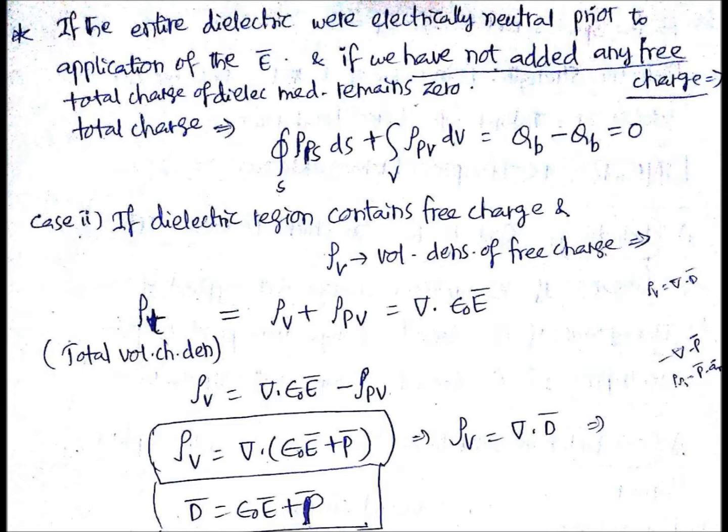Then in the second case, consider a dielectric region which contains some free charge, and rho v is the volume density of free charge.